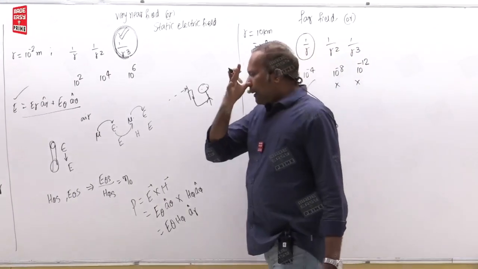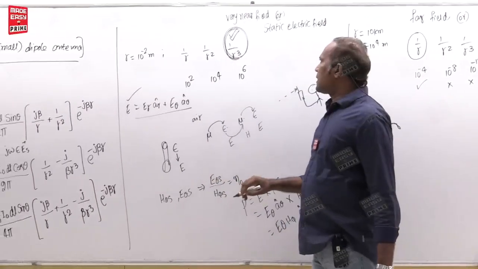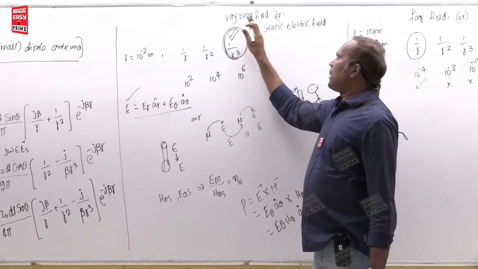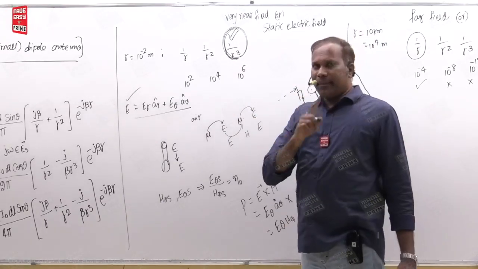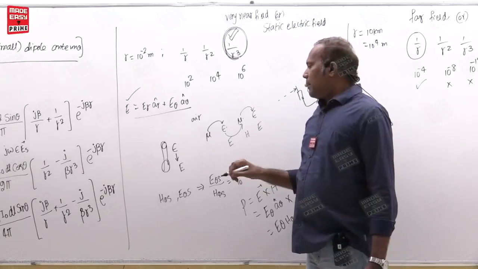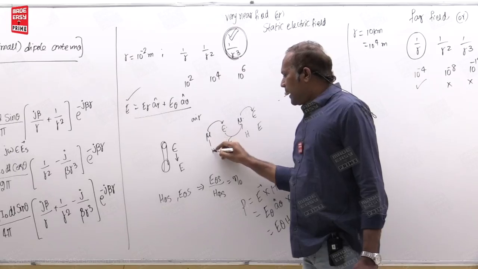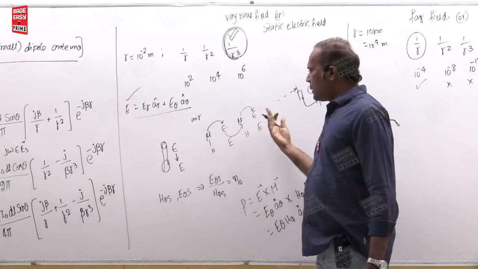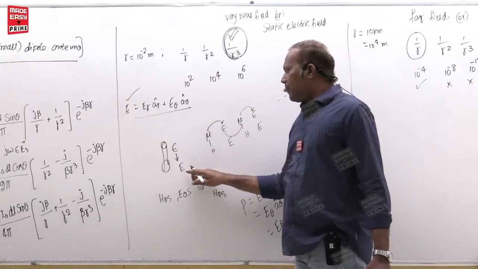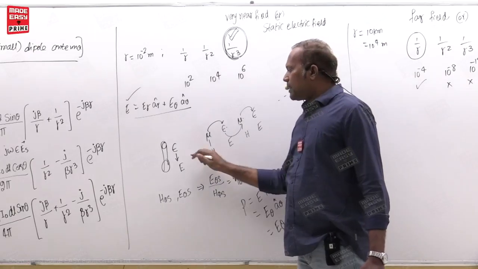Students, very near to the antenna only the electric field was there, which is called the static electric field, or otherwise the very near field term. First time, electric energy is transferred to magnetic energy. After that it keeps changing.